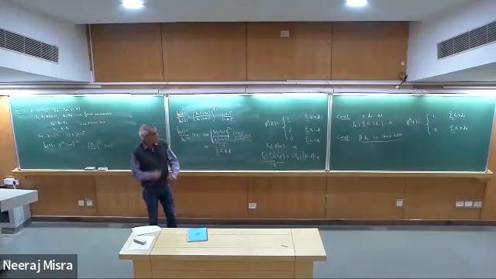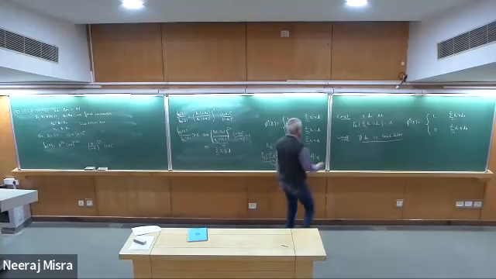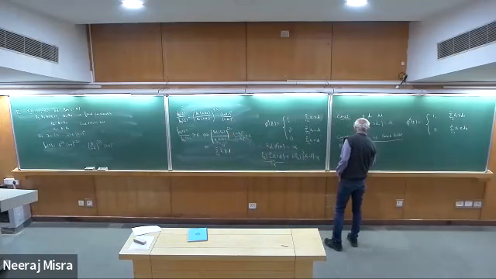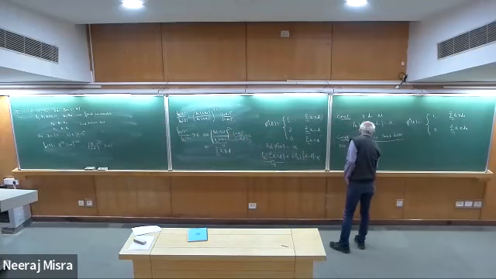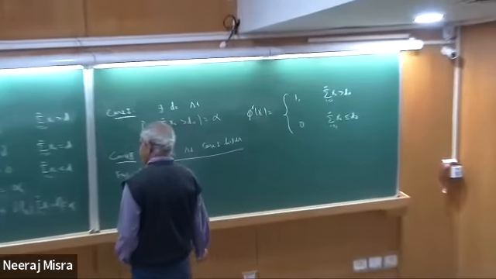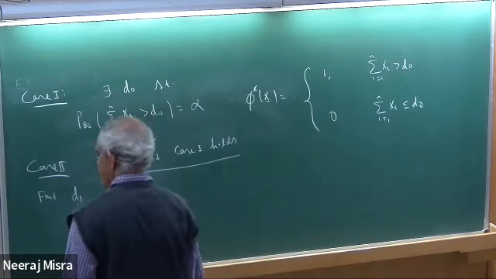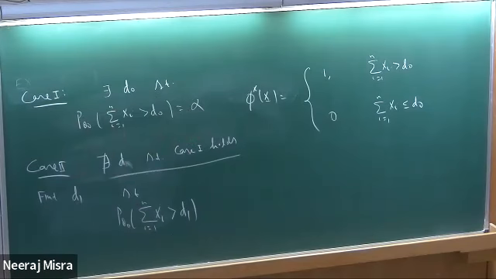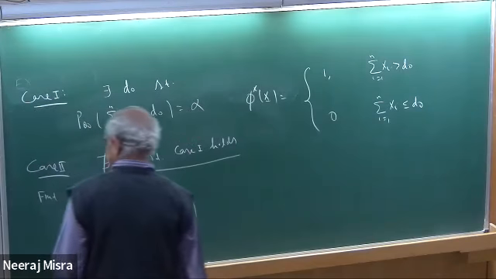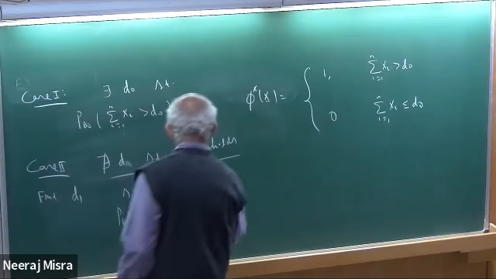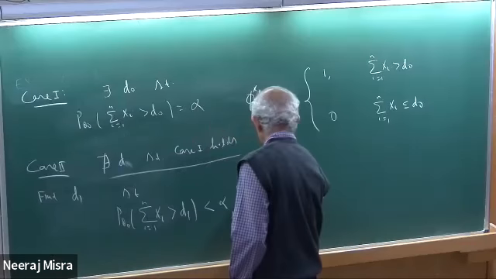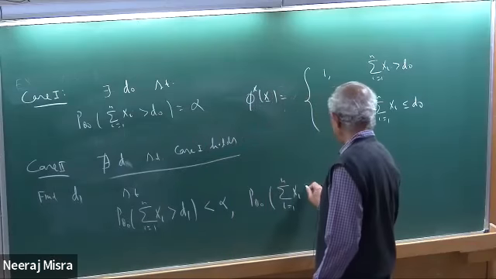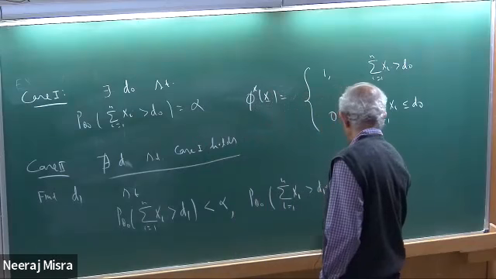Okay. Now, they will exist, find D1 such that probability under theta naught of summation i equal to 1 to n xi greater than D1 is less than alpha, but the probability under theta naught that summation i equal to 1 to n xi is greater than D1 plus 1 is more than alpha.